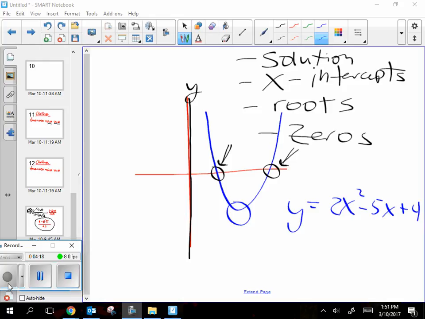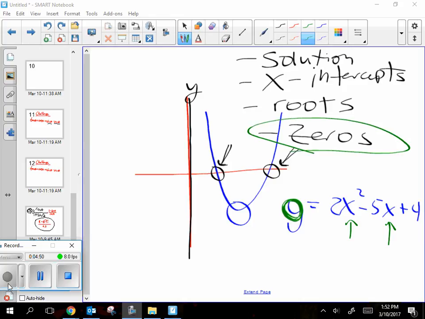The solution is what makes it equal 0. Why would we want it to be 0? I've told you a whole bunch of things about these. One of them I said was that if the y was 0, you have the x-intercept. I'll say that differently. The x-intercept is where y is 0. If I put a 0 there, I want to figure out what number could make this whole equation equal 0. That's why we call it the zeros.